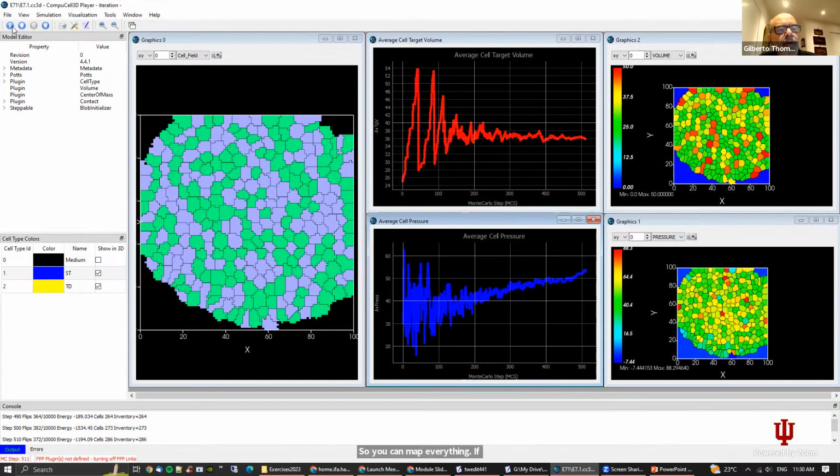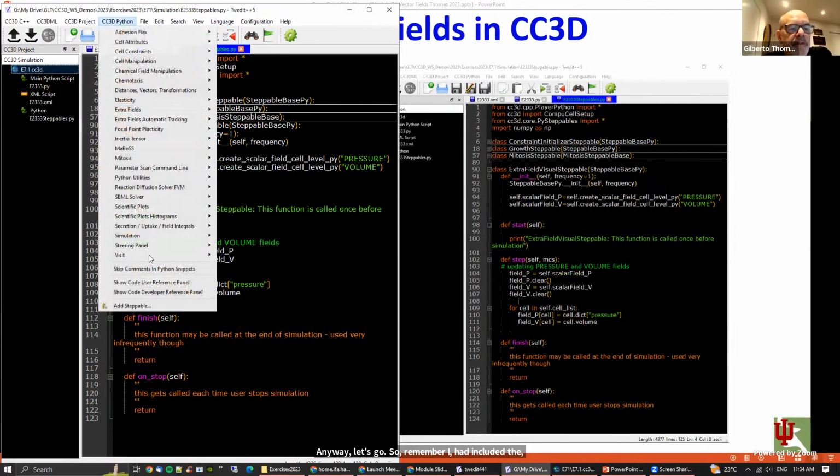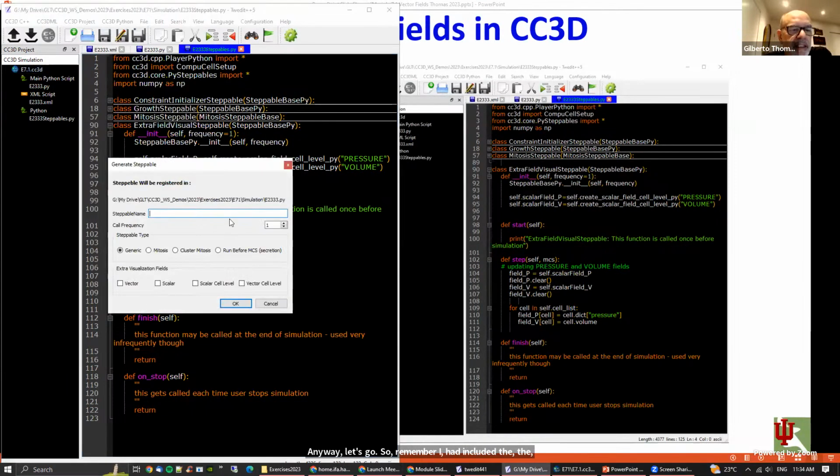If you continue, remember I had included the steppable through the wizard using the add steppable from here. See, I built it from here, gave it a name, set the frequency of calling to 1, and I chose scalar fields.